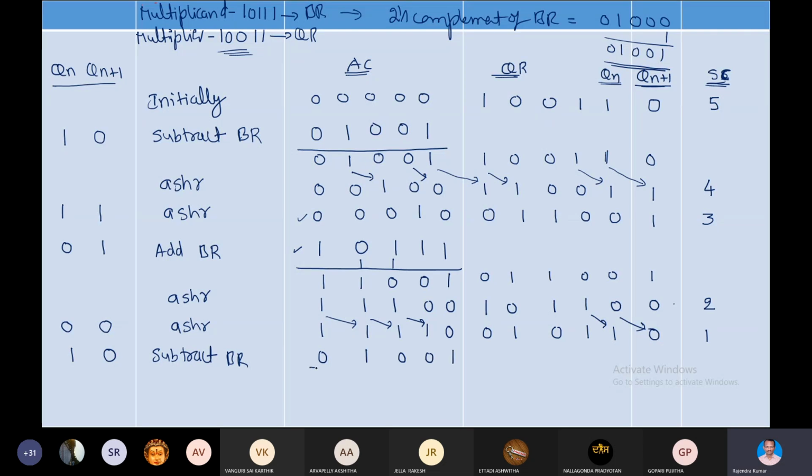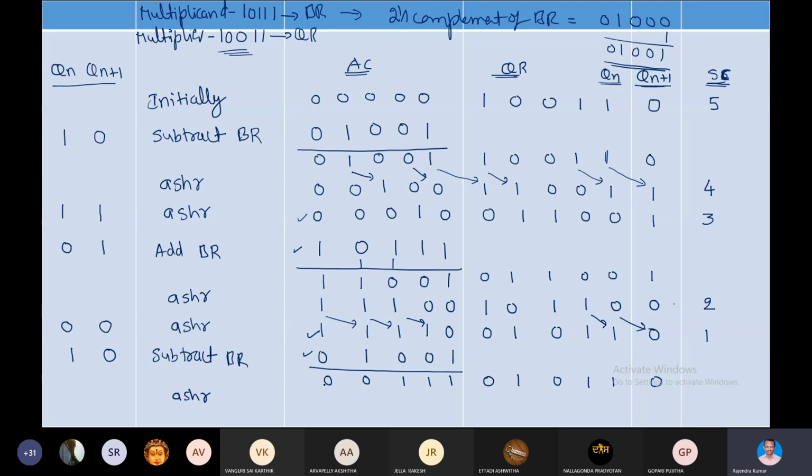Okay, so what you will get? So you have to add this one and this one. So you will get 0 0 1 1 1. Of course, you are having here 0 1 0 1 1. Of course, previously it is also 0. Okay, now arithmetic shift right.